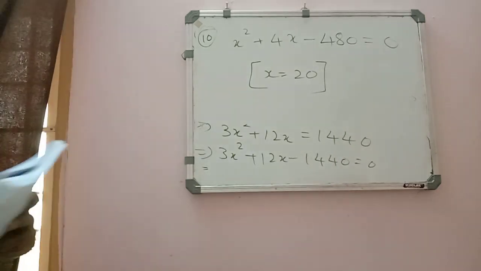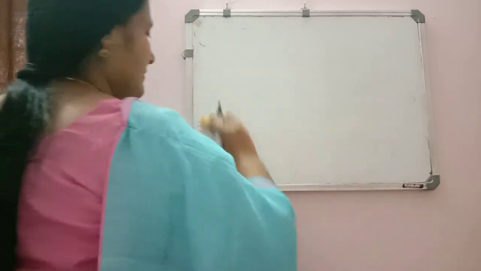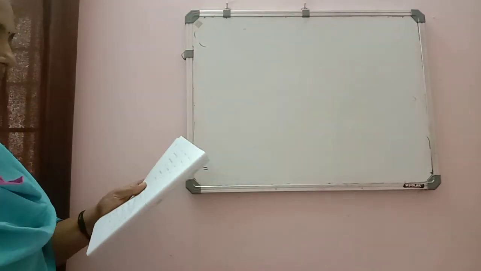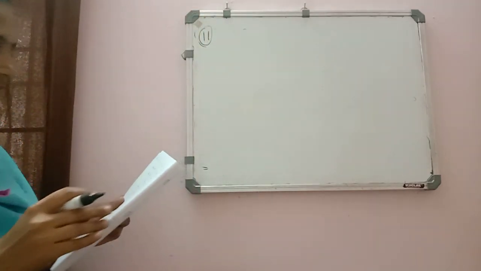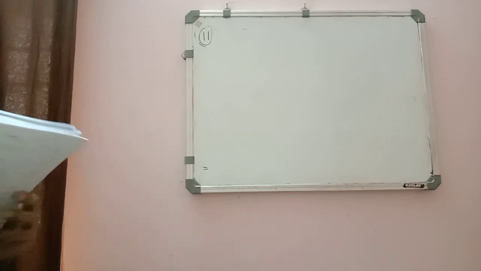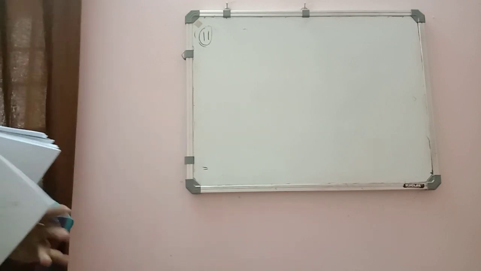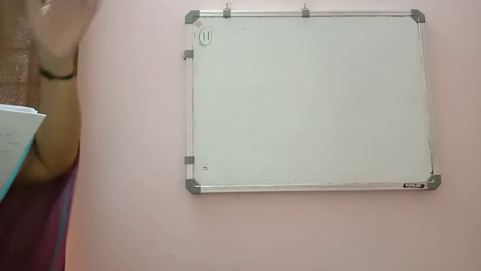Now in the same way, one more question we will do of this type. Next is rupees 6,000. In the book I wrote it as question number 12, but I am doing it at question number 11 because it is the same type, so that it will be easy for you to understand.